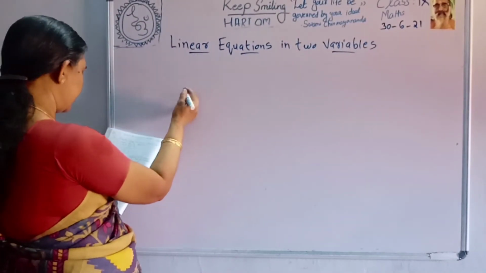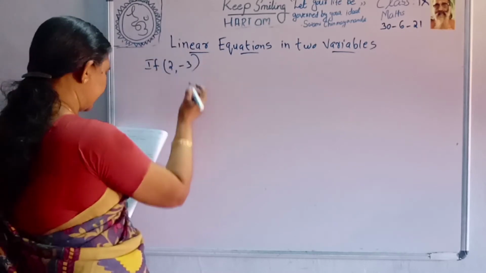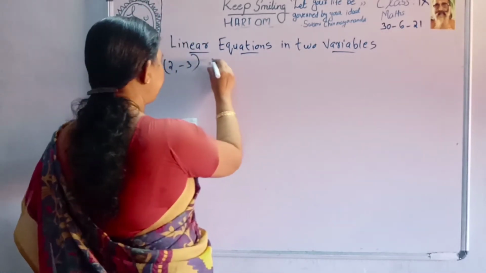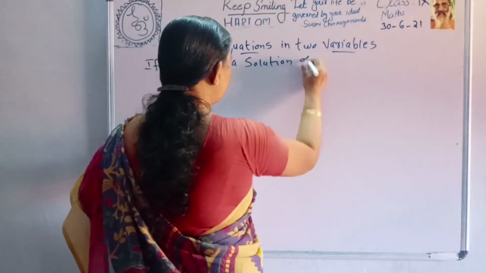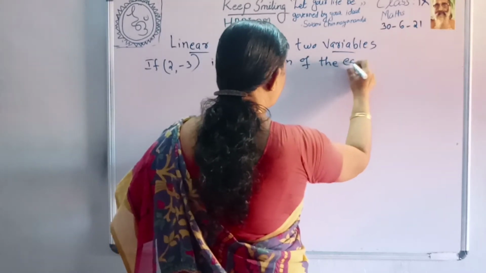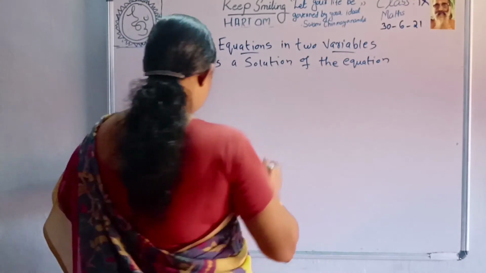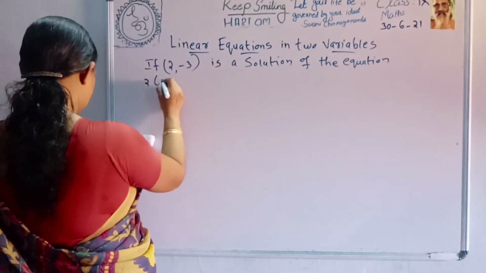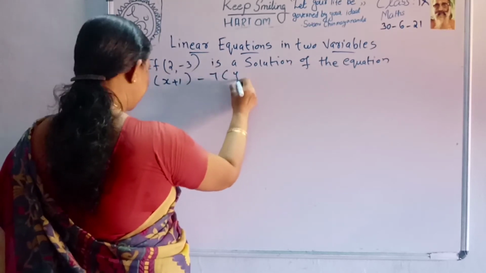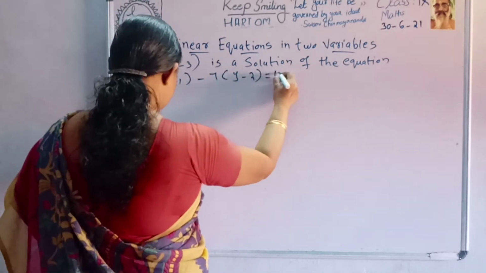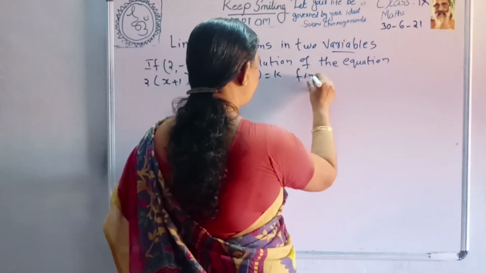Next question. If (2, minus 3) is a solution of the equation 2 into (x plus 1) minus 7 into (y minus 2) is equal to k, find the value of k.